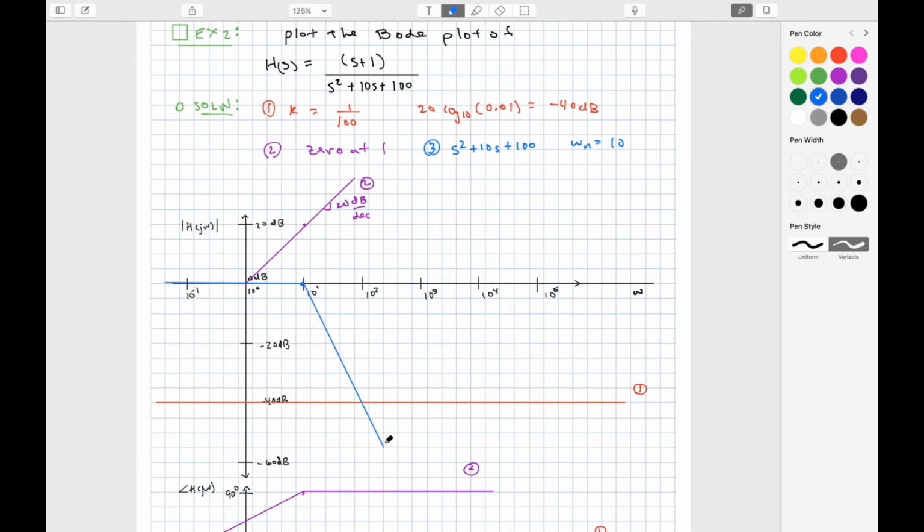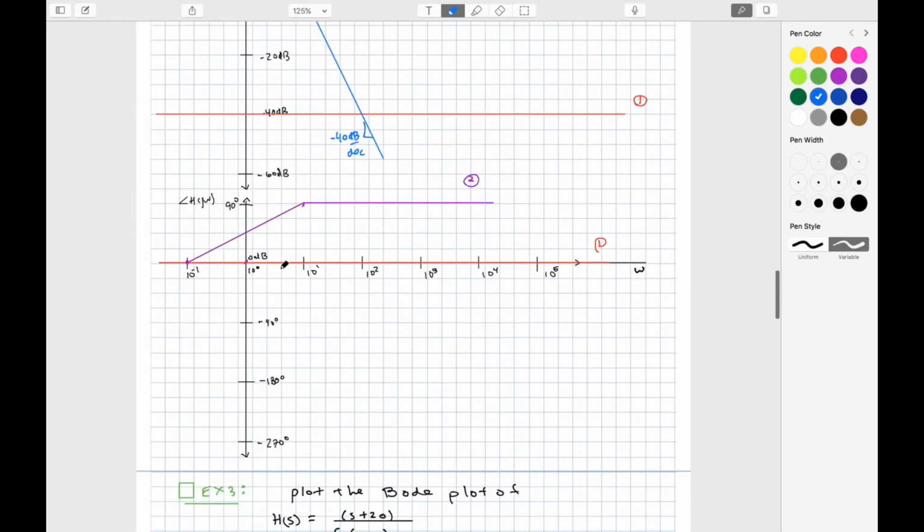So that's roughly this. So this is negative 40 dB per decade. And the phase, the way that I will draw this, is that it goes from 0 to negative 180, starting at omega n. All right, so this is the contribution from 3.